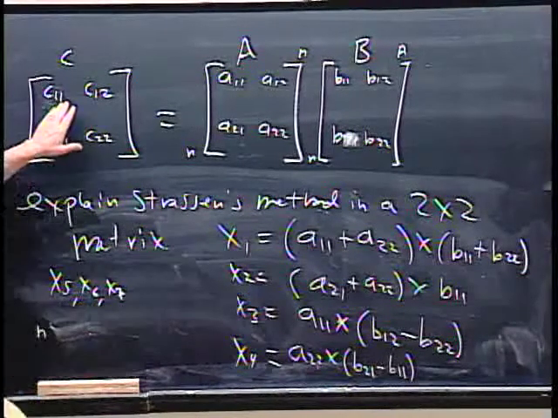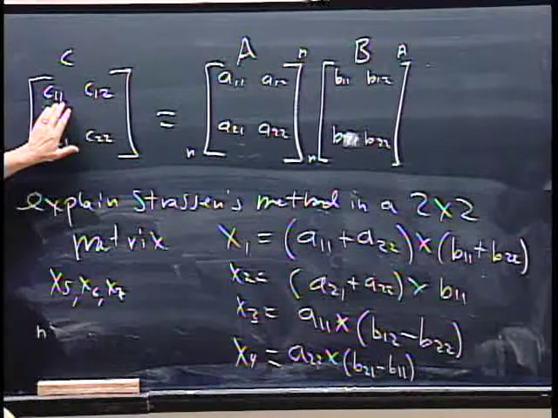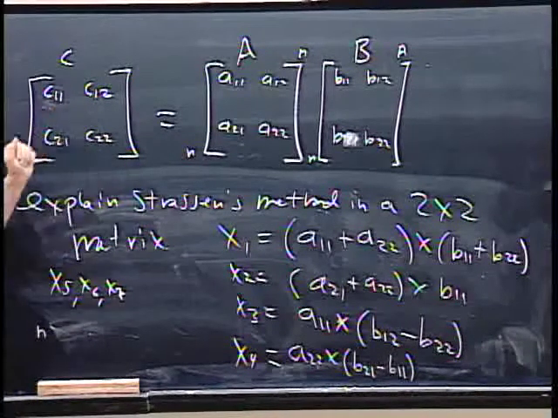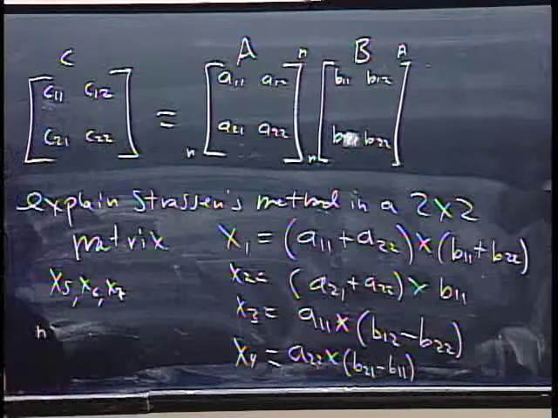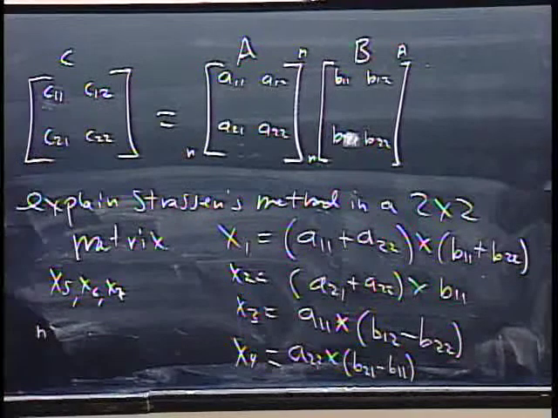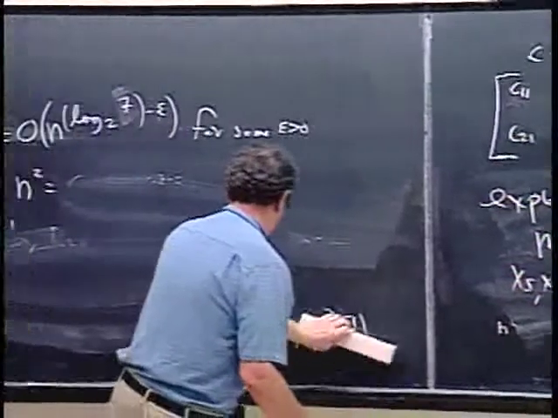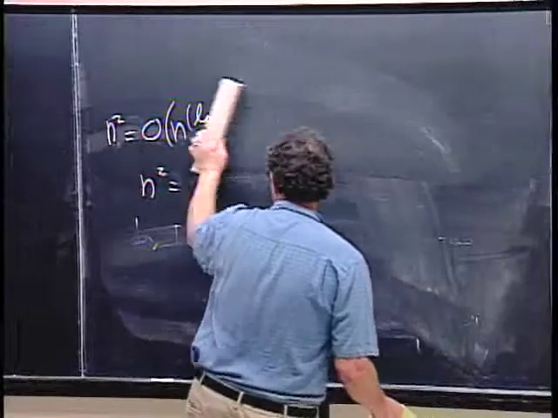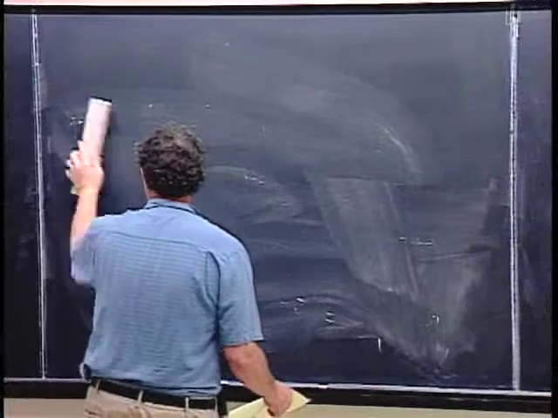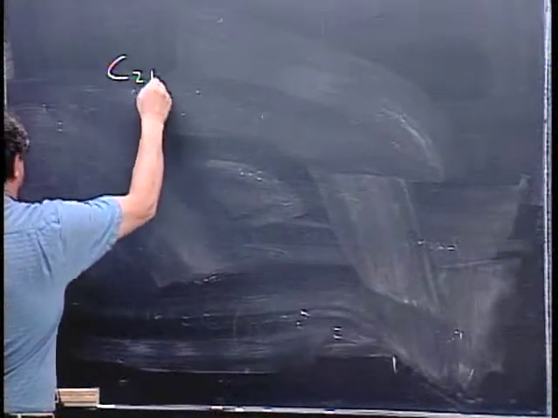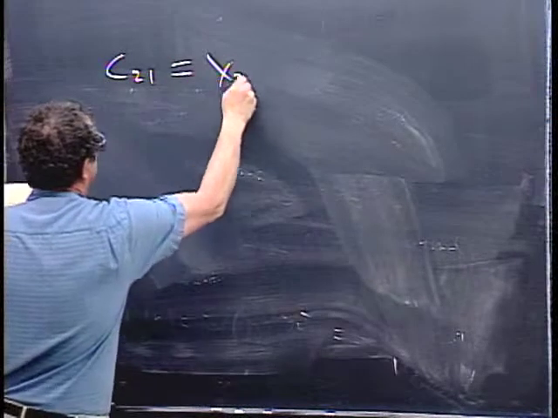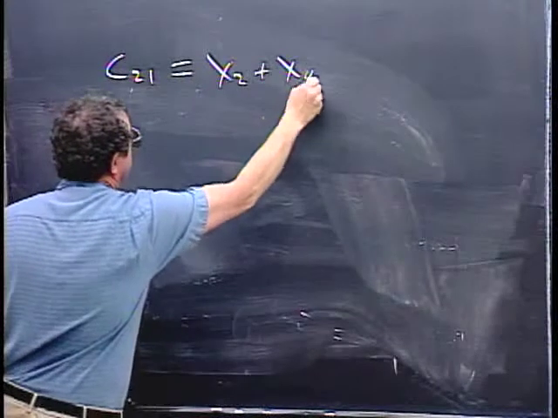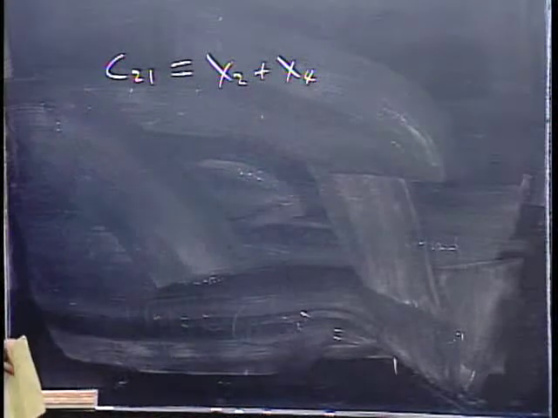Okay. Now, it turns out that we can use these 7 X values to calculate individual C values, C11, C12, C21, C22. And let me just show you one of those and verify that it works. Okay? So, according to Strassen's method, C21 is equal to X2 plus X4. All right? Well, let's verify that.